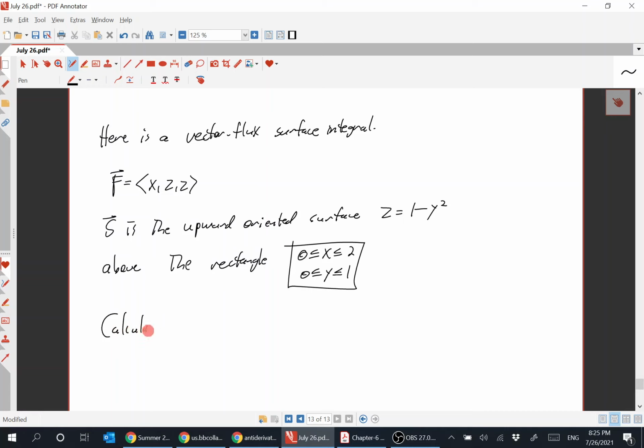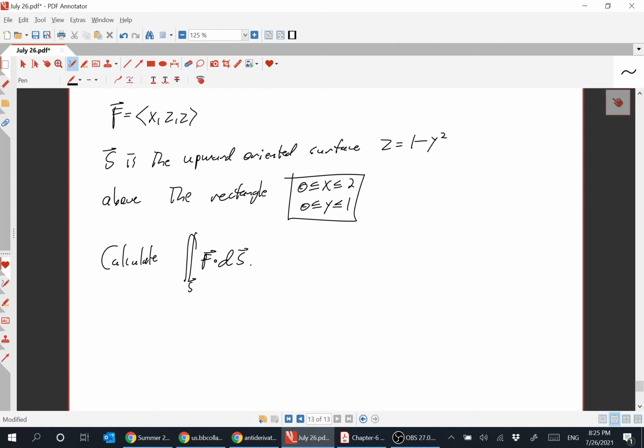Calculate the integral of F dot dS. Okay, well, this is just a straight vector flux surface integral calculation.